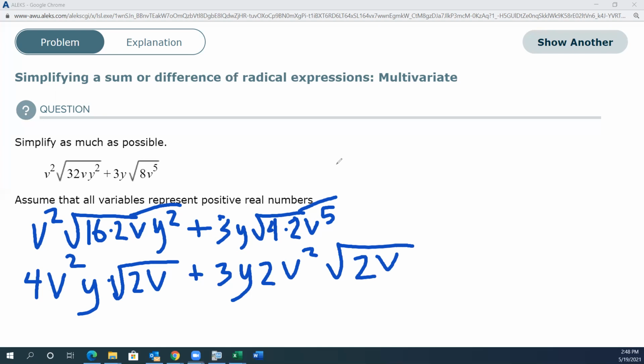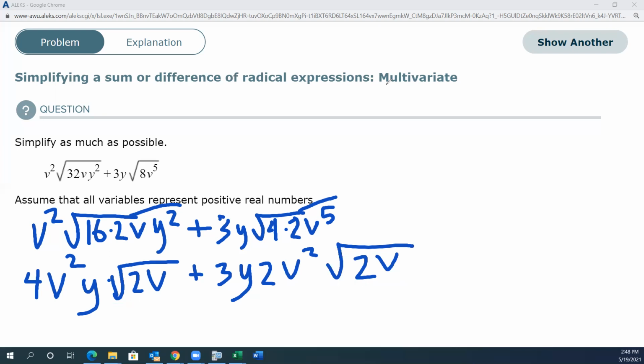And now notice that they are now like terms because both of these two big terms contain v squared y square root of 2v. All of that has to match. Okay, now the numbers, they don't have to match on the outside. That just tells you how many of everything that you have.